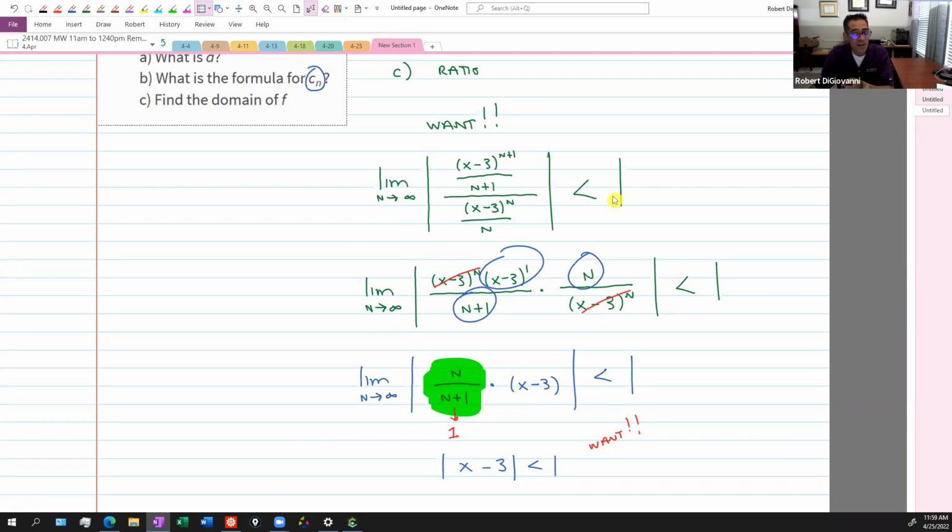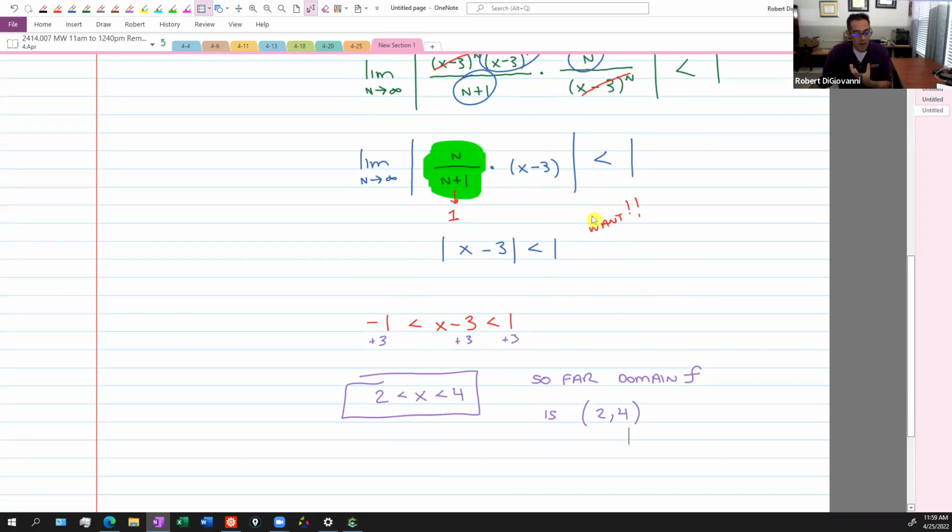But what if it was equal to 1? Do you remember? It's inconclusive. The test fails. So right now, all we know is that if x is between 2 and 4, we've got convergence. What we don't know is what happens at 4 and 2.